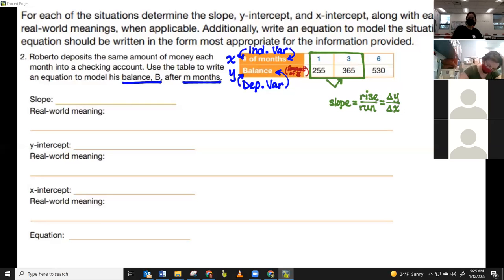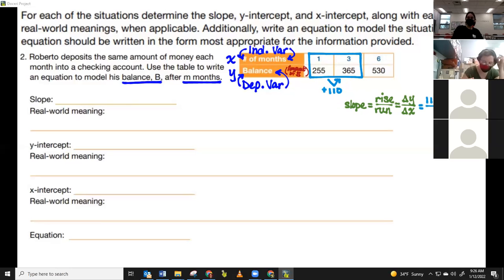From 255 to 365, did we get bigger or did we get smaller? Bigger. Bigger by how much? $110. So I would put that in my numerator, 110.